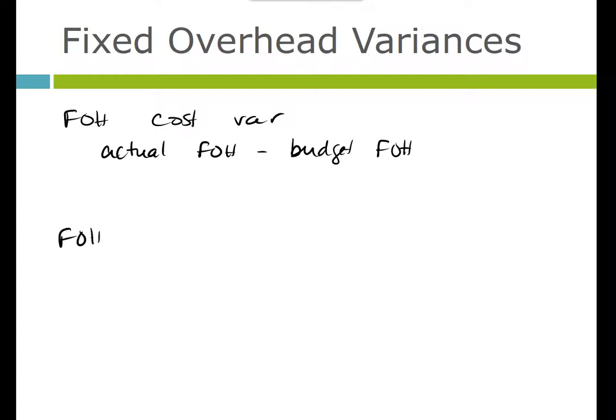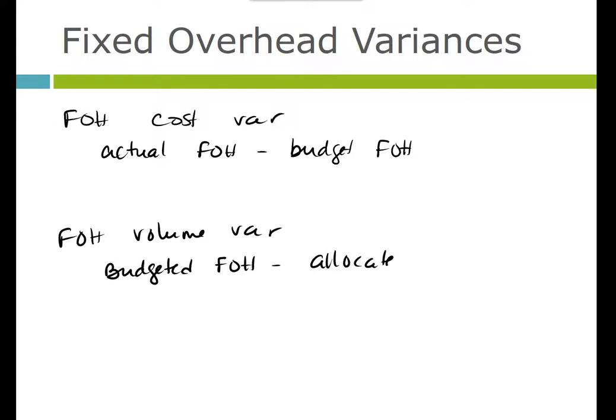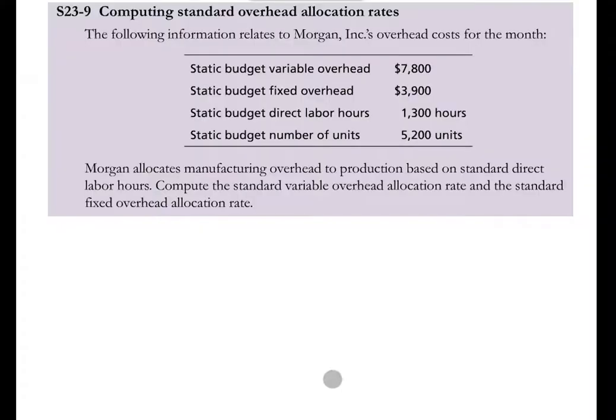The fixed overhead volume variance, though, is the budgeted fixed overhead minus the allocated, and the allocated will be standard quantity and standard cost. So that one's generally just a little bit more work for us to get.